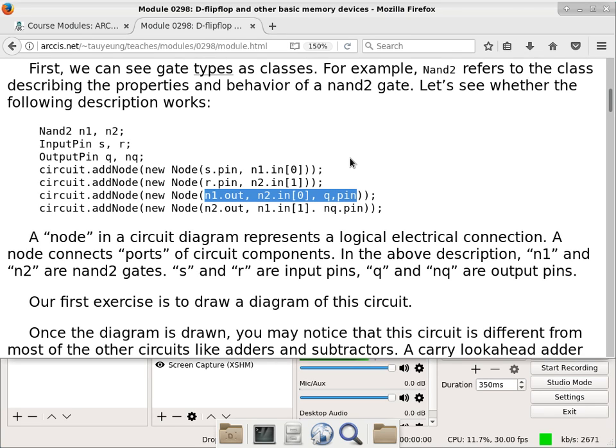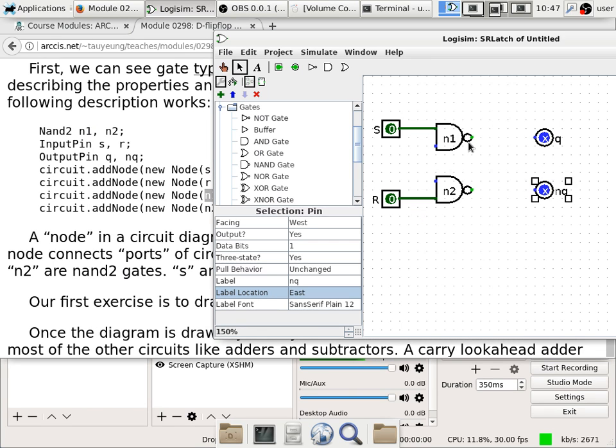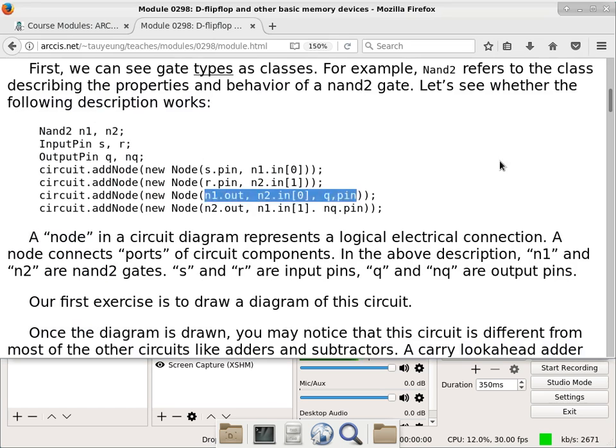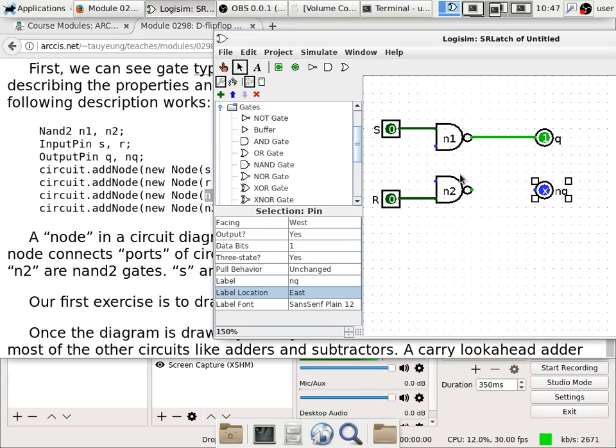We are connecting the pin Q to the output of N1. That part is relatively easy. But at the same time, we also want this node to connect to the other input of N2, which is this one here. In other words, we are tapping it here, and we are connecting it back here.